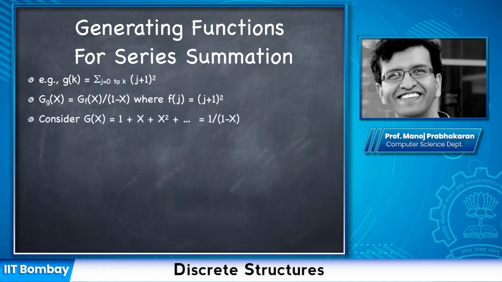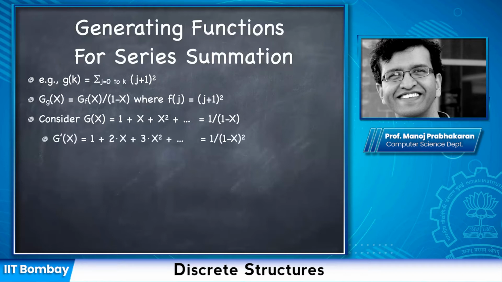We'll start with something simple that we know from the extended binomial theorem, which is the generating function for 1. So this is just 1 plus 1 times x plus 1 times x squared and so forth. And the extended binomial theorem tells us that this is 1 over 1 minus x.